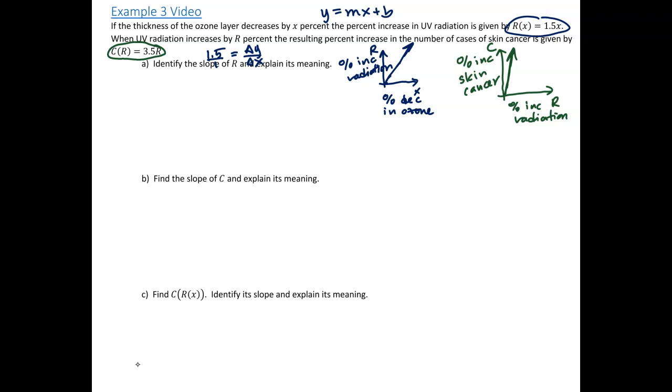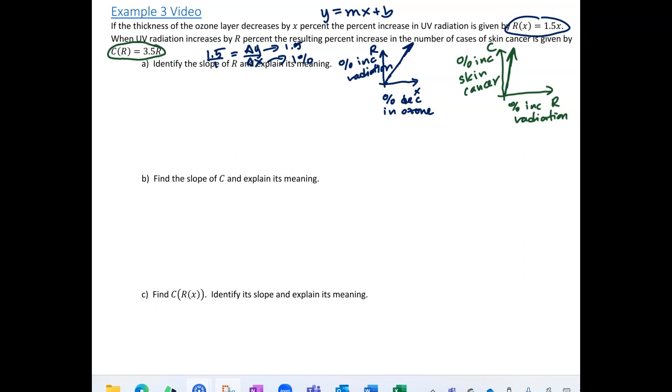And to tack units on that, the x is the percent decrease in ozone, and the y is the percent increase in UV radiation. So what I'm seeing is that if the thickness of the ozone layer decreases by 1%, the amount of UV radiation will increase by 1.5%. That's what this is telling me.